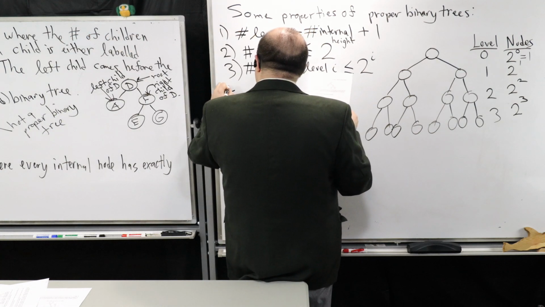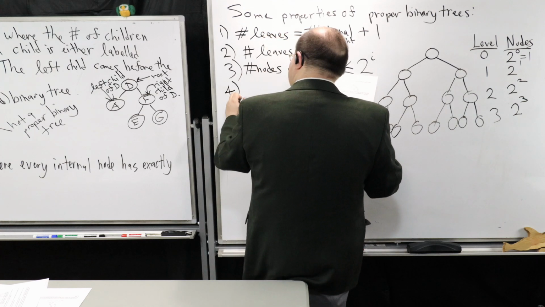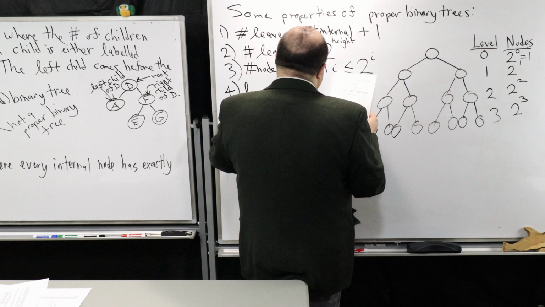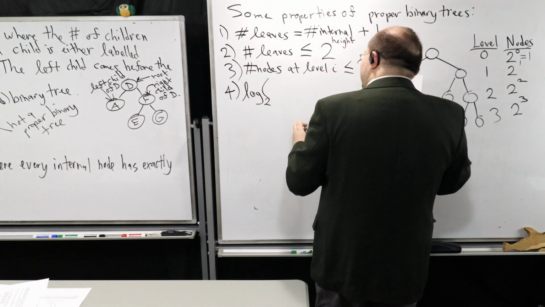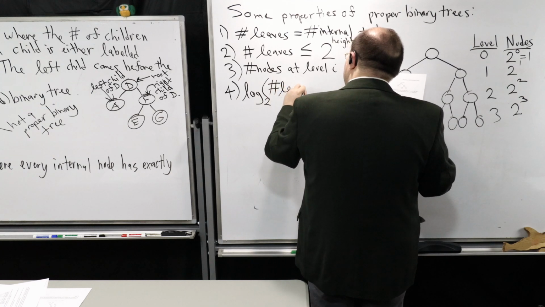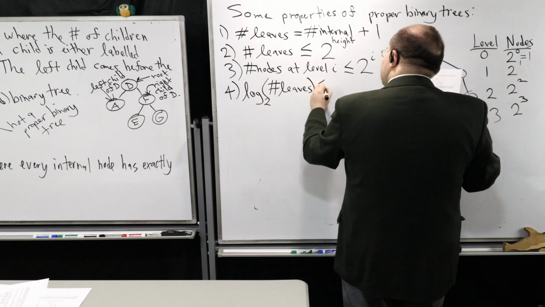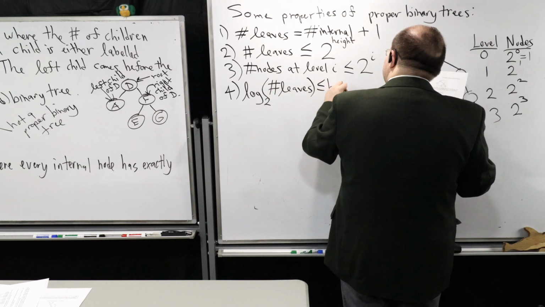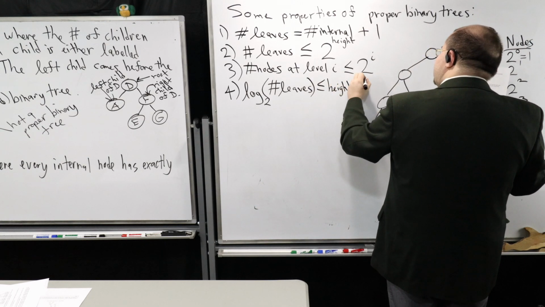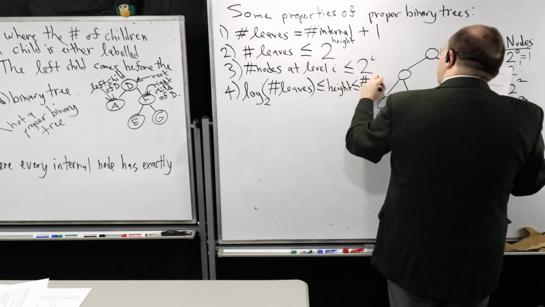So the last one is a little bit stranger at first. So please bear with me. The fourth one is that log base 2 of the number of leaves is less than or equal to the height. And the height is less than or equal to the number of internal nodes.